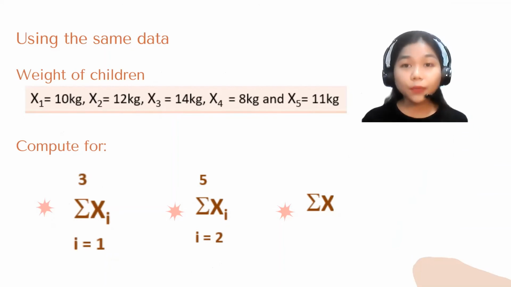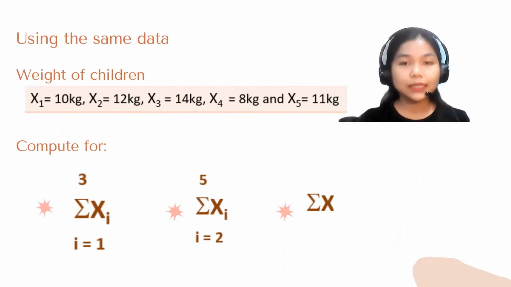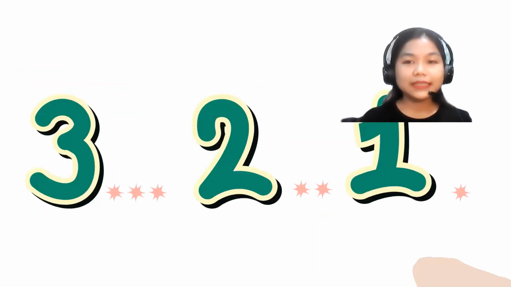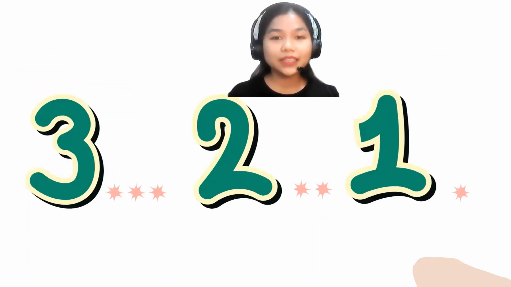How do you compute for this summation? First, try to expand the summation notation. After expanding, try to replace the values given to you. Okay? So in 3, 2, 1.